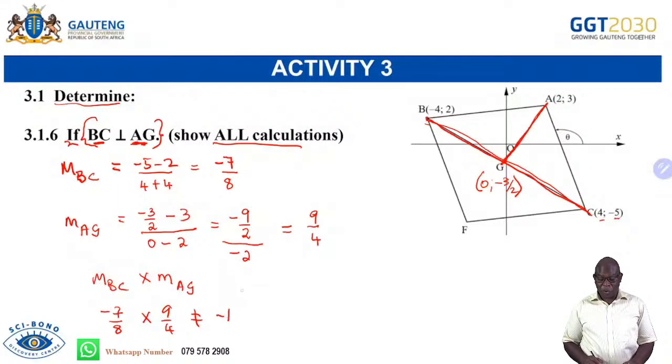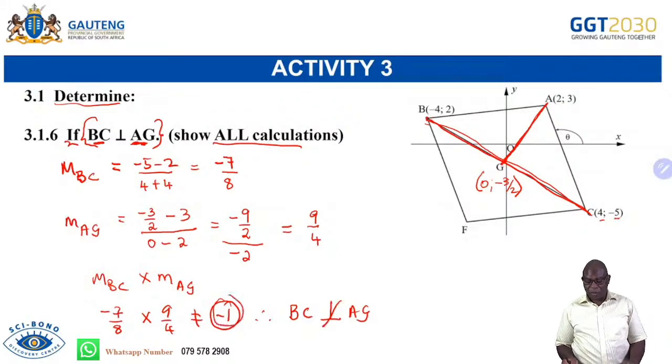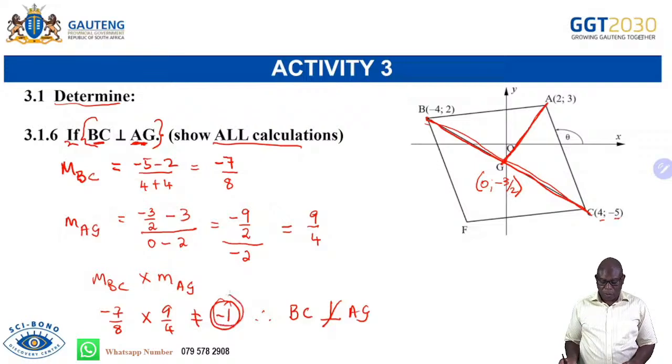If they don't give us -1, we say therefore BC is not perpendicular to AG, because the gradients, when we multiply them, don't give us -1. So we'll just say, no, those two are not perpendicular. Write it in words. Okay, right.